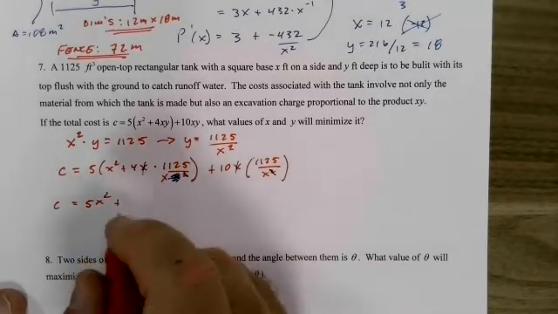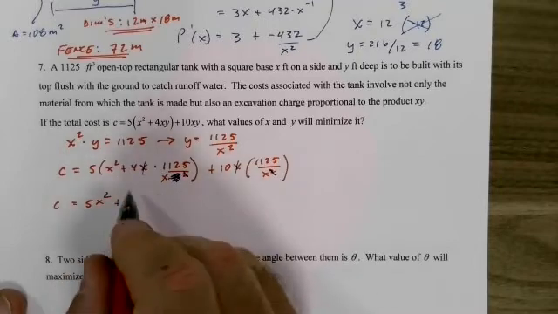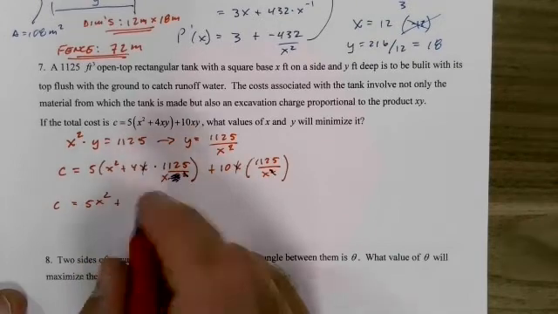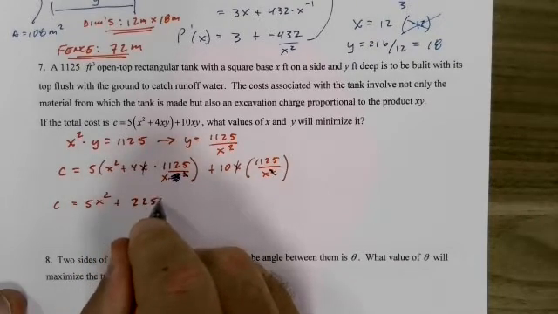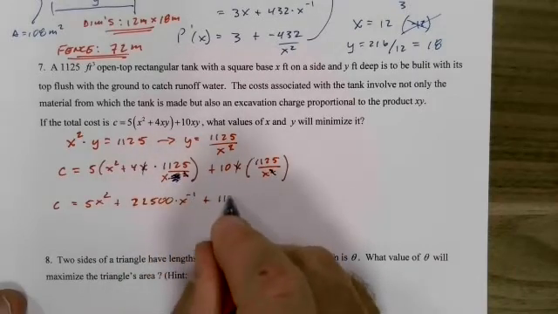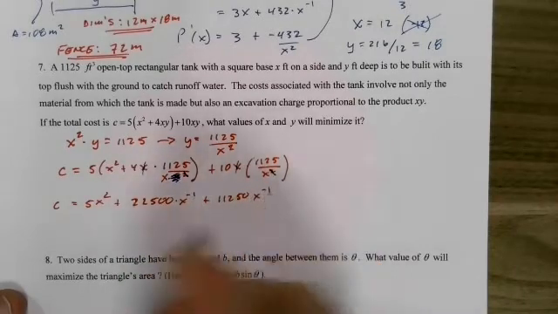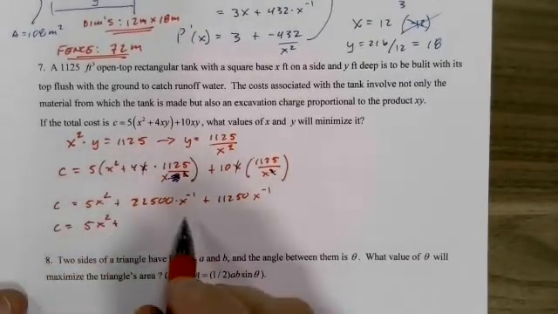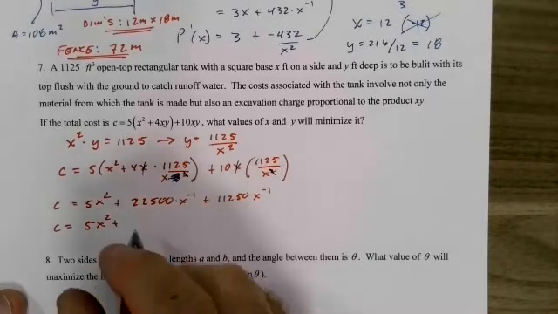I'll have to do the work. 4 times 5, so 10, 22,500. That's where I'm getting lost. X to the negative first plus 11,250 x to the negative first. C equals 5x squared plus 33,750.